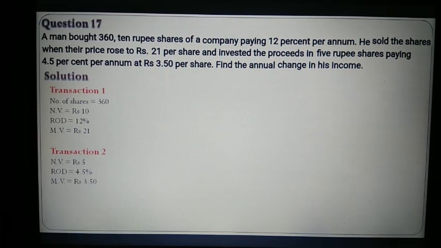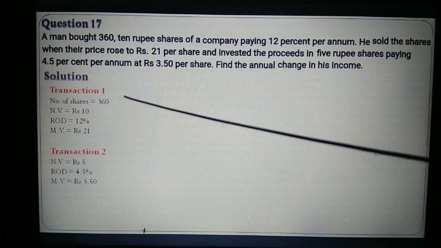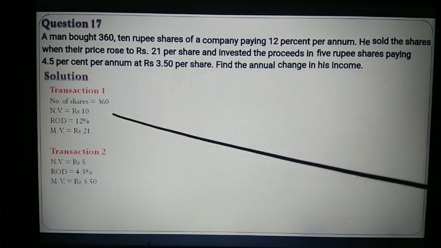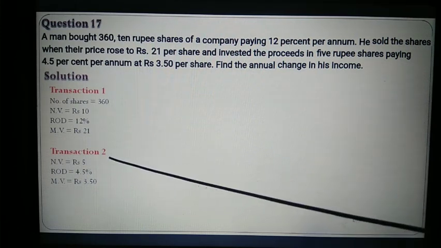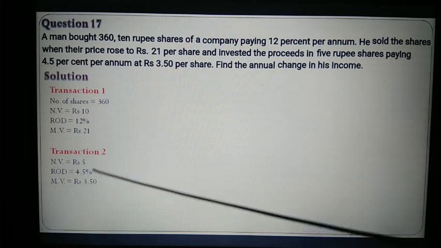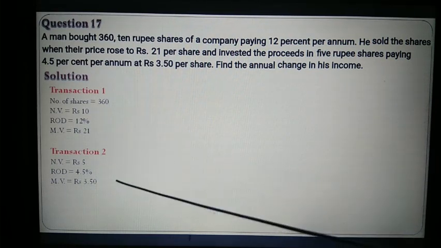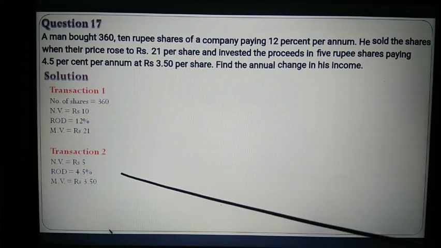Okay, now the question is asking find the annual change in his income. So basically what the question is asking is, first find your annual income for transaction 1 and find annual income for transaction 2. Okay, and we need to find the annual change in the income.